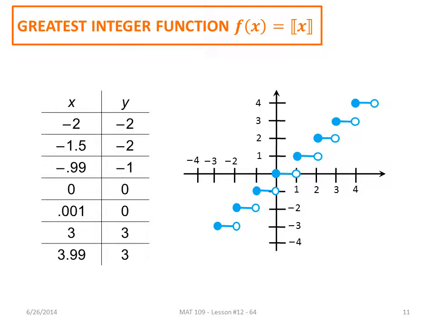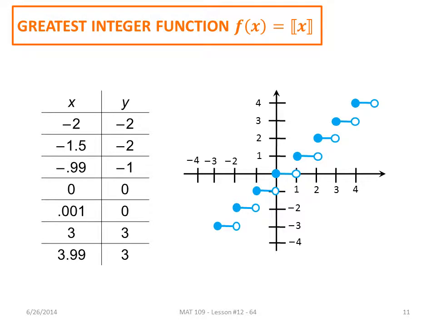But the greatest integer less than or equal to -2.5 is still -3. I cannot move up to the -2 line until x equals -2. So I keep coming along here until x equals -2, and then I suddenly jump up there, come along here until x equals -1, then I jump up there, and so forth.